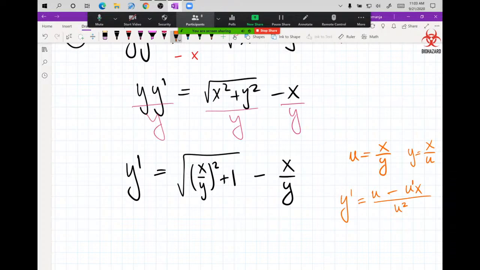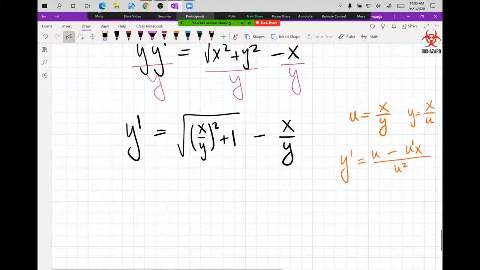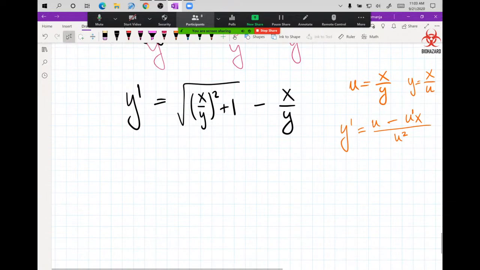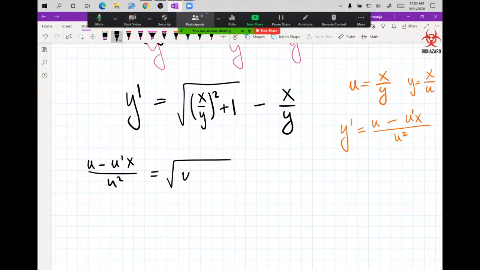There we go, much better. Now we plug all of these in and see if we can solve the problem. So I am going to replace y prime with u minus u prime x over u squared, equal to the square root of u squared plus 1 minus u.